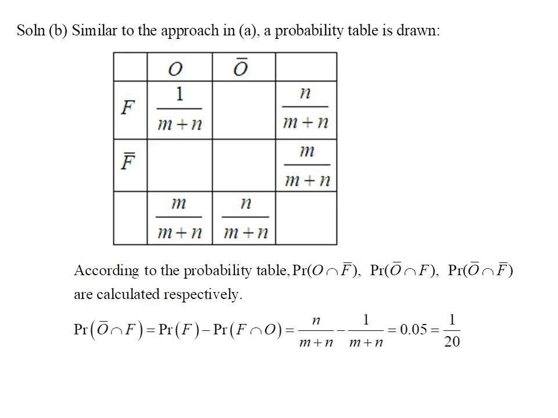Hence, PR of not O intercept F equals PR of F minus PR of O intercept F, which equals n over the sum of m plus n minus 1 over the sum of m plus n, which equals 0.05. After being rearranged and simplified, the linear relation becomes m equals 19n minus 20.